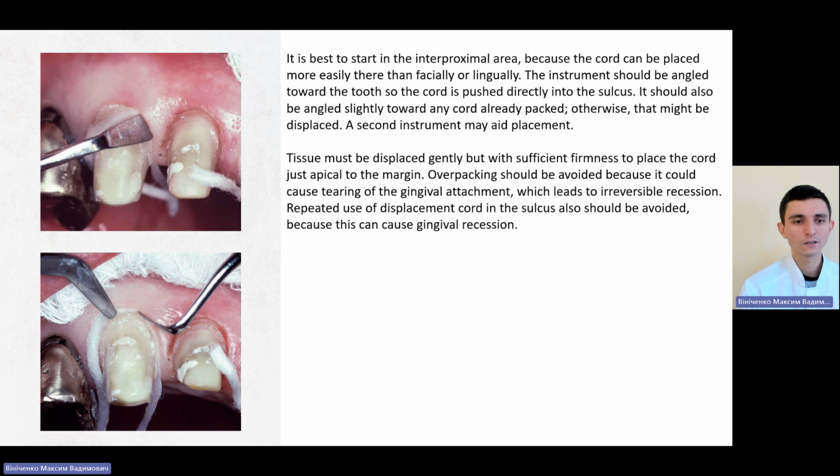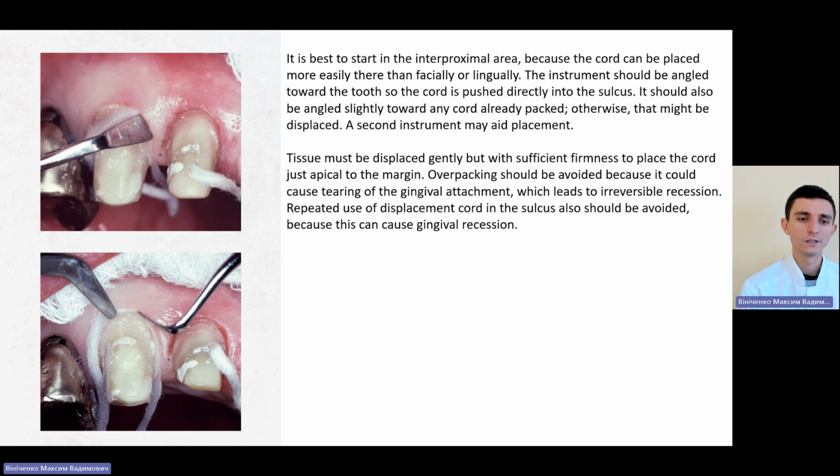The instrument should be angled toward the tooth so the cord is pushed directly into the sulcus. It should also be angled slightly toward any cord already packed. Otherwise, that might be displaced. A second instrument may aid placement.